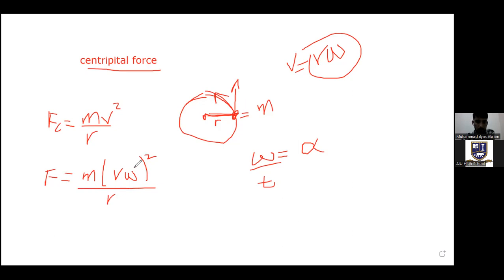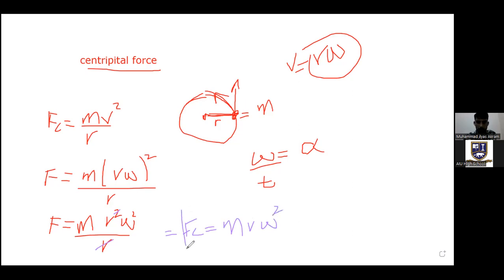So we can write both of these values, that is F equal to m r squared omega squared over r, and here one r will be cancelled out by the denominator r, and the formula will be like that: Fc equal to m r omega squared.